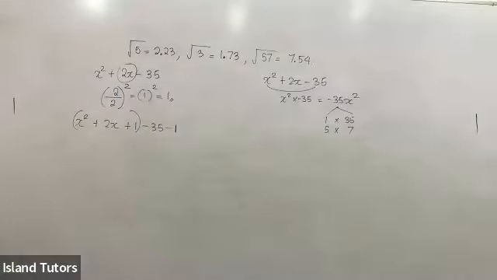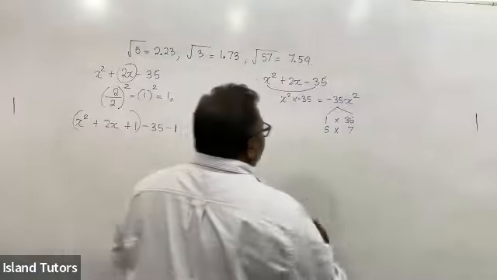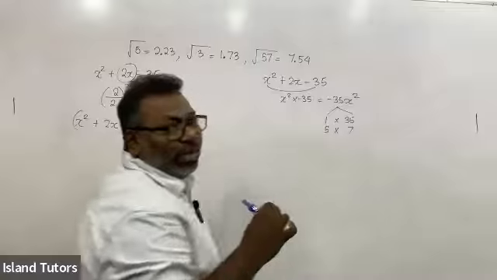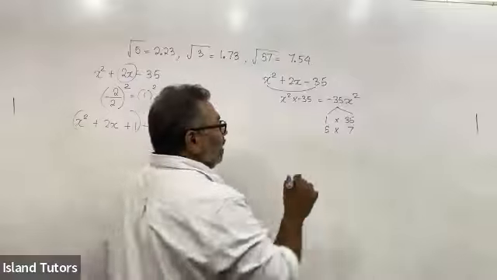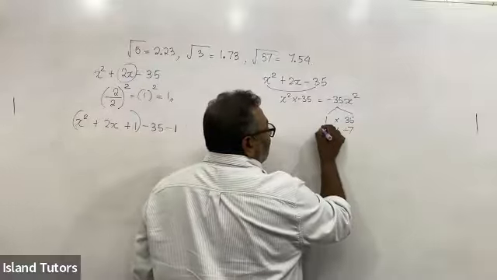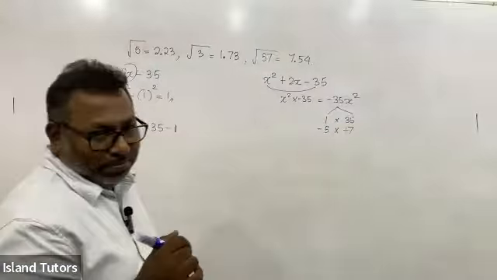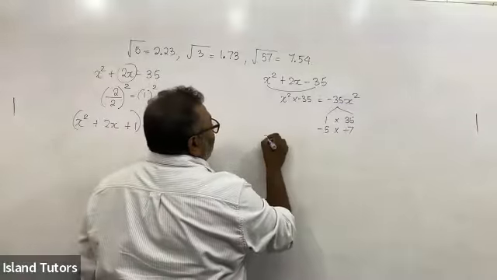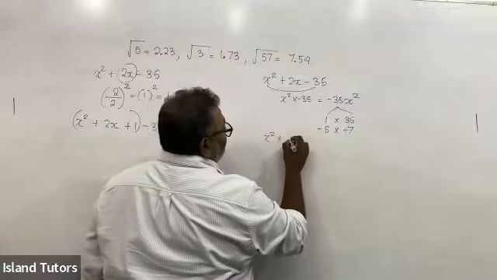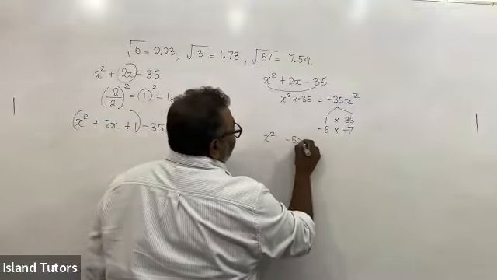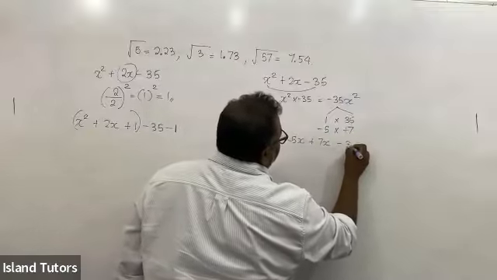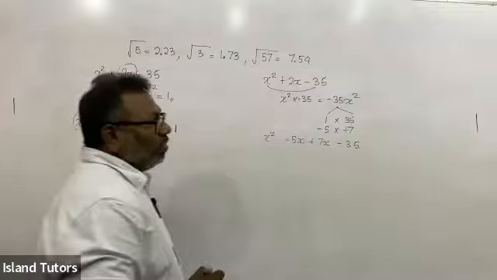Right? 5 into 7. So now plus 2x. Now we want to get a plus 2x there, so this has to be plus and this has to be minus. So rewrite this: x squared minus 5x plus 7x minus 35.